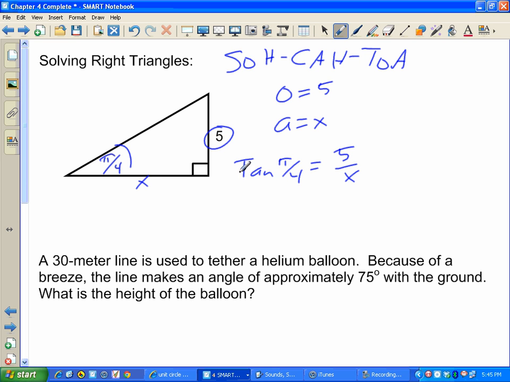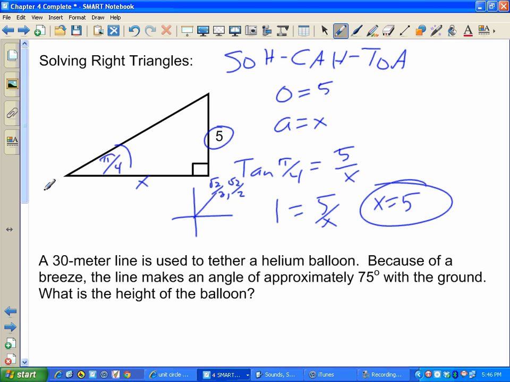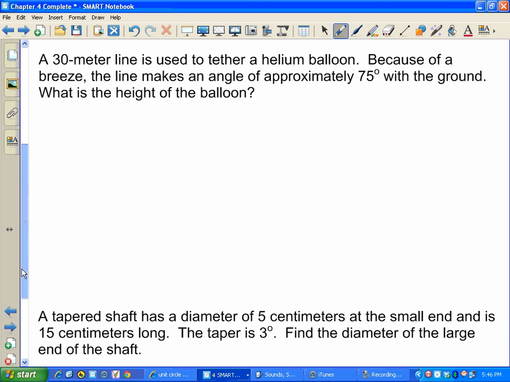So tangent of pi over 4 on my unit circle, that's here. My x and y values are both square root of 2 over 2. So when I take y divided by x, I get 1. So tangent of pi over 4 is 1. That equals 5 over x. Multiply both sides by x, so I get x equals 5. Okay, we'll do some word problems.